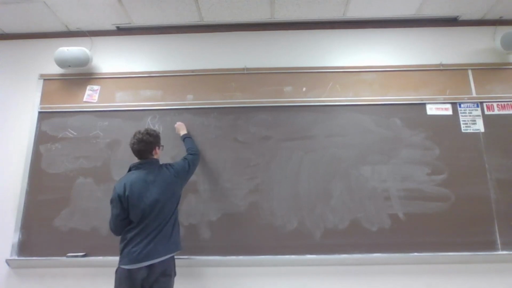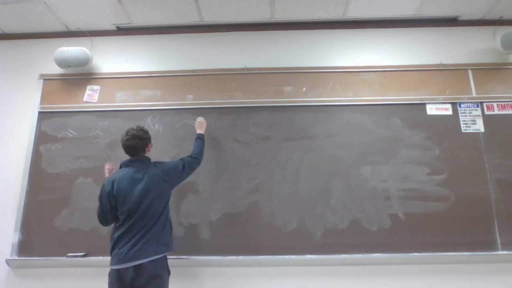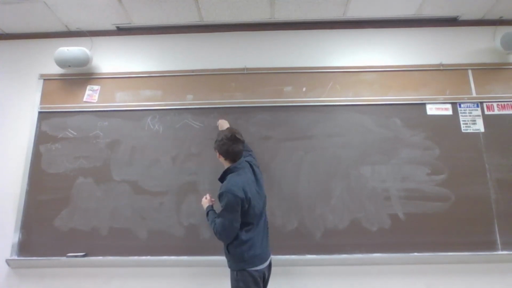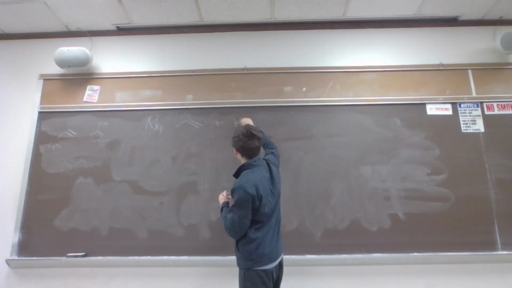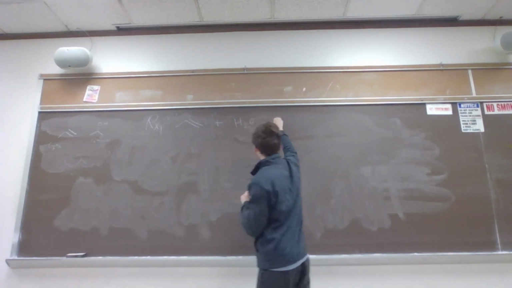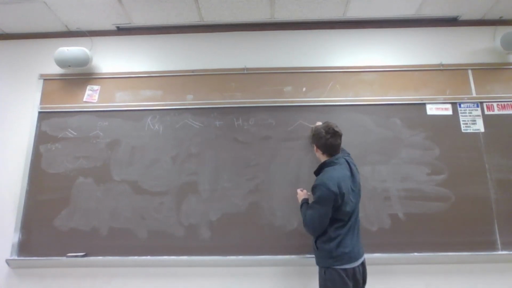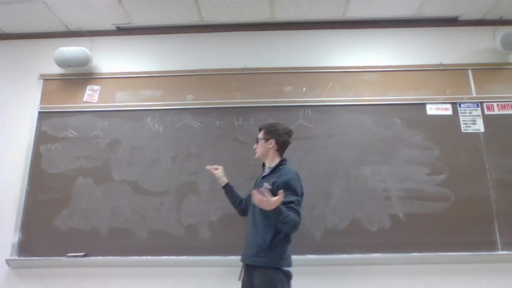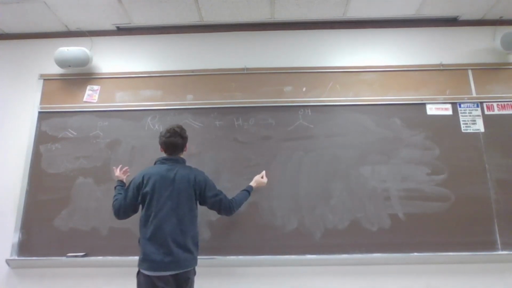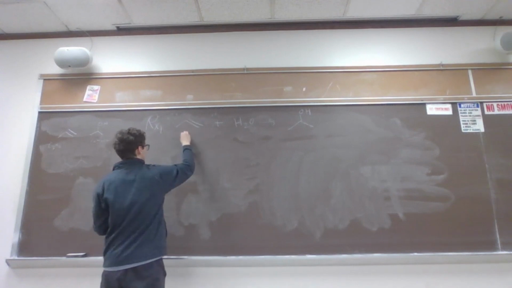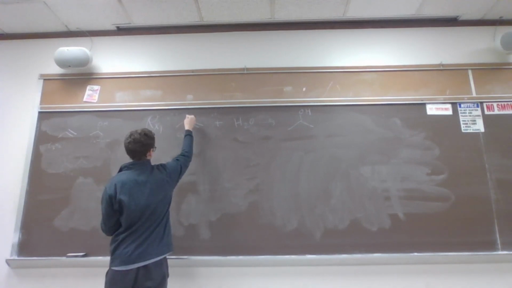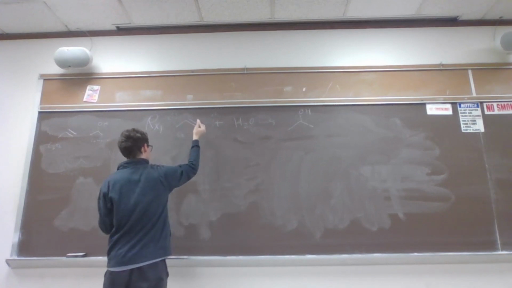It is this alkene plus H2O equals this magnificent alcohol. Now we're going to do this in the actual form. So this is C3, let's say it's 3 plus 1 plus 2, it's 6.